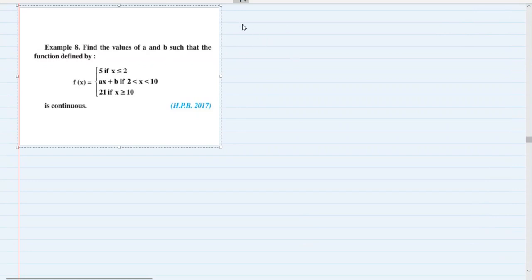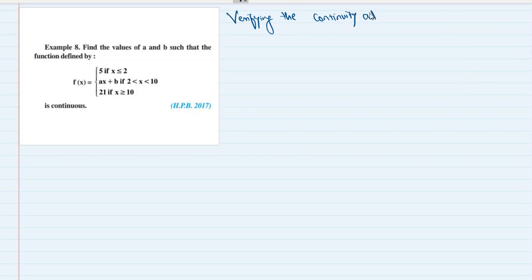Okay, first we will verify the continuity at 2. So limit when x tends to 2 minus of f of x, we are approaching 2 from the left hand side.